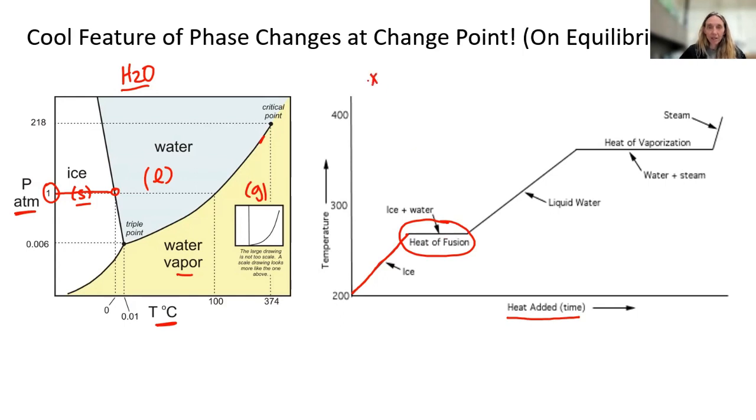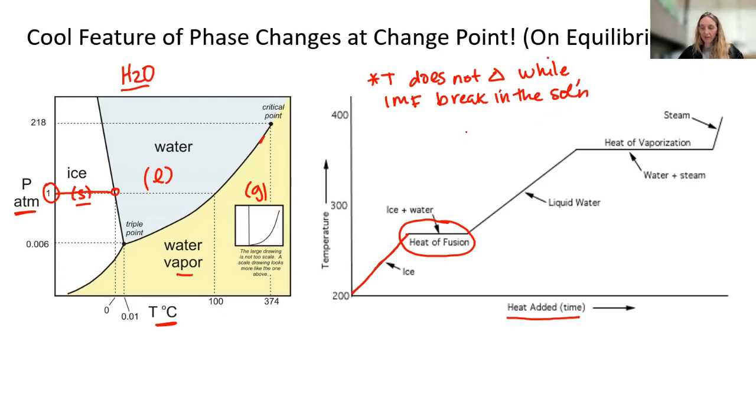Okay, so I'll write that up here. Temperature does not change. So that little triangle is change, while the intermolecular forces break in the substance.